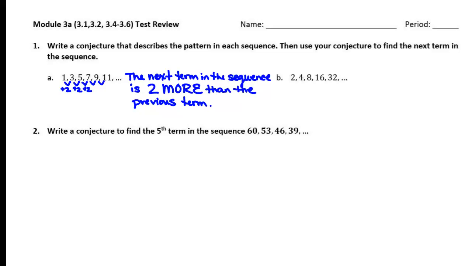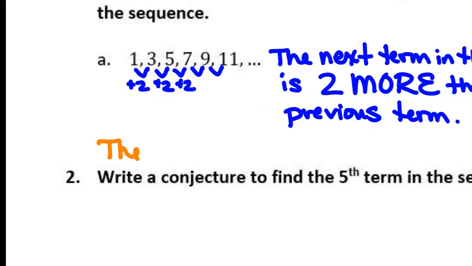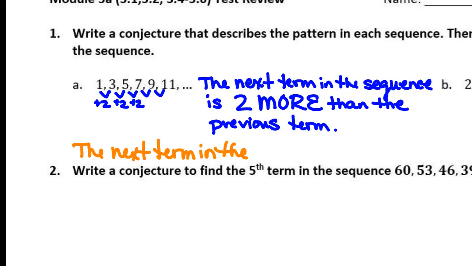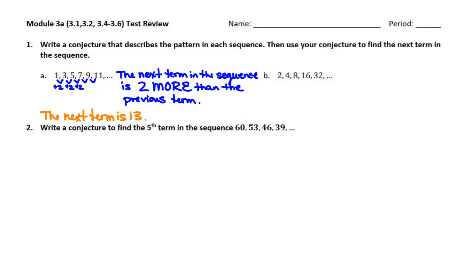So to find the next number, add 2 to the one that came before it. That's what I said. What is the next term in the sequence? 13. The next number would be 13. We would take 11 and add 2 and get 13. So far, so good? All right, let's look at part B then.